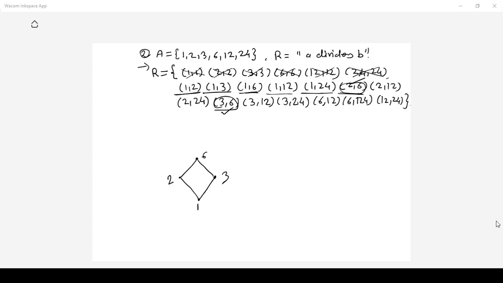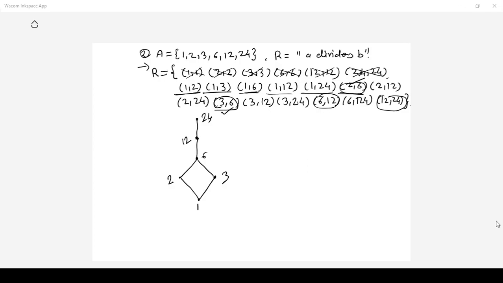Right. Then let us next consider 6 divides whom? 6 divides 12 and 12 divides 24, right? So 6 divides 12 and 12 divides 24. So these pairs, 6 divides 12 and 12 divides 24.